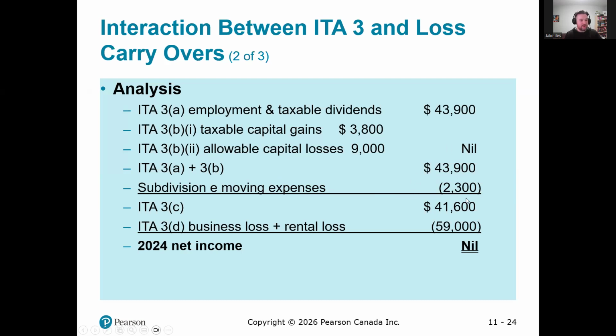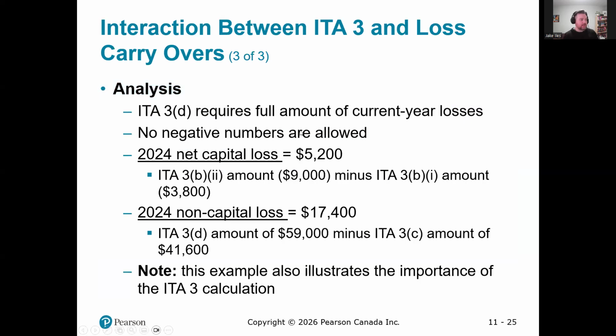That gets us to our income amount of 41,600. From this number, we can subtract our business loss and rental losses. That brings our income to zero because our losses are more than our income. We can't get below zero, so we stop at zero. Anything that's left to be subtracted becomes our non-capital loss.